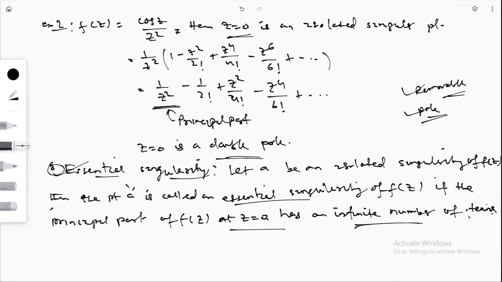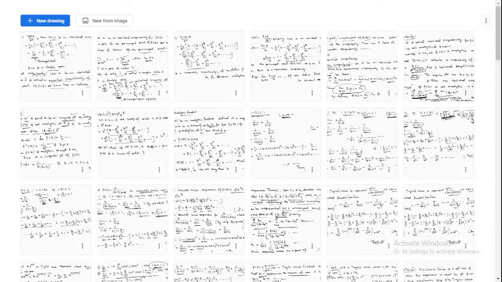Okay, so now go to the next page. Here I will see one example. If I take my f of z as e to the power 1 by z, then since 1 by z is there, z equal to 0 is an isolated singularity.